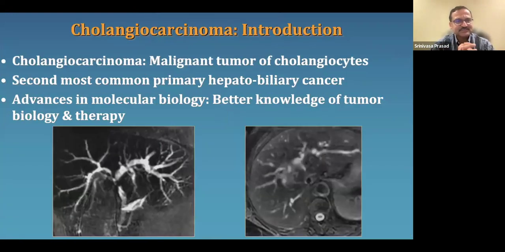Moving on to the other bad character, the second most common malignant primary tumor of the liver. We again have a newer classification based on the morphomolecular abnormalities.